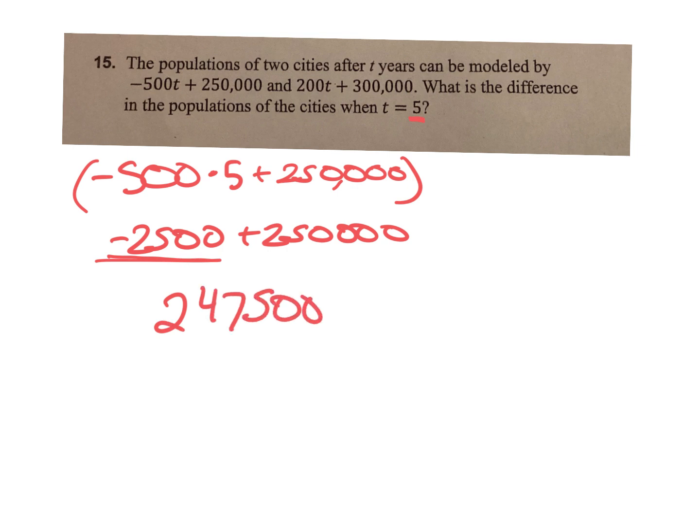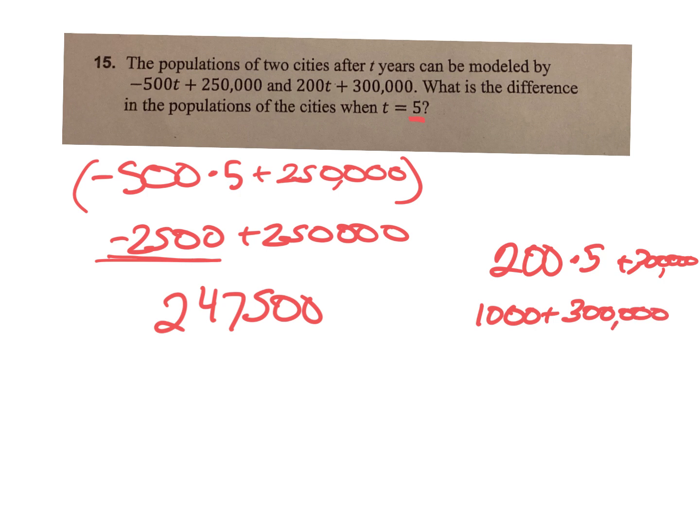It's going to get me 247,500. Now the population of this other place is 200 times t, which is 5, plus 300,000. And that gets me 1,000 plus 300,000. And when I put those together, I get 301,000.